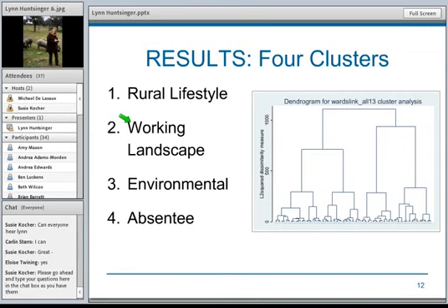Well, we used principal components analysis and a hierarchical cluster analysis to identify 4 groups based on taking all these variables and looking for things that went together, basically, the only way I can explain it, and that were differentiated at the same time.